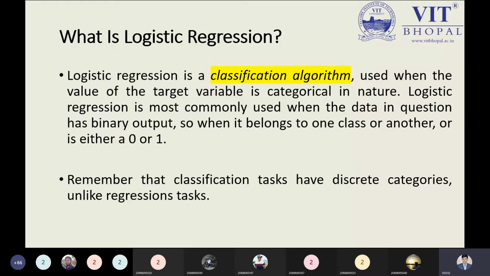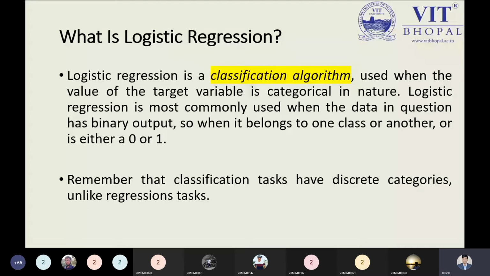It means multiple forms of classifying the data, and that is another type of logistic regression. So remember that the classification task has discrete categories, unlike the regression task. From this point, we have to start logistic regression.